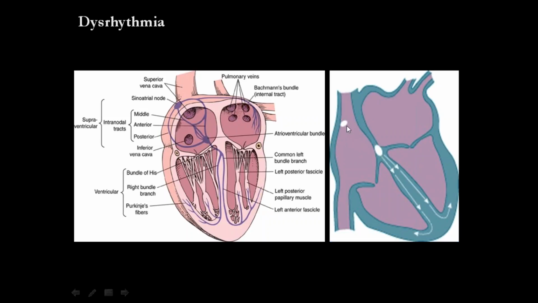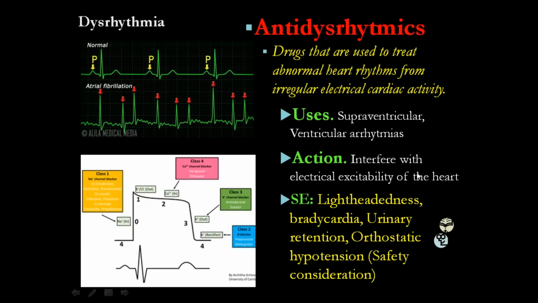So that means if you have, for example, 150 or 200 beats per minute in the atrium, it is not necessarily going to be 200 beats per minute in the ventricle. Why? Because the atrioventricular node is going to select, filter, and delay some of the stimuli coming from the SA node, so the beats per minute in the atriums are not necessarily the same as in the ventricles.